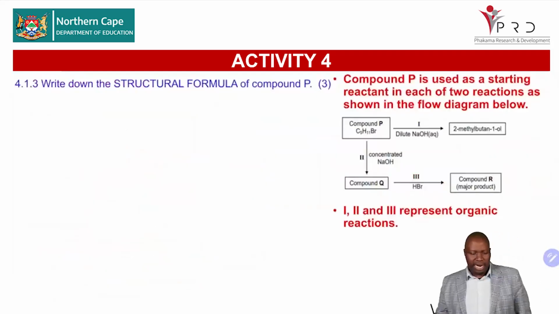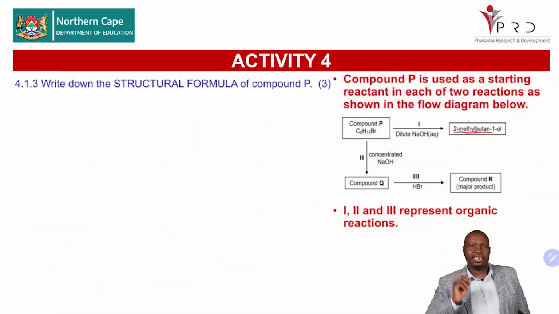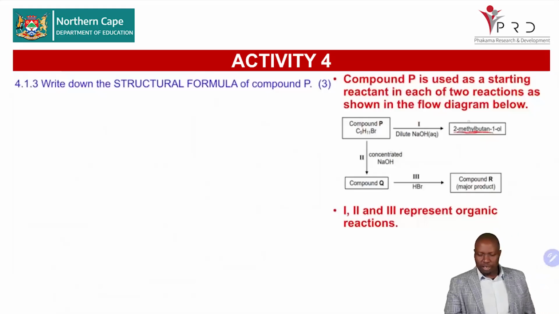Write down the structural formula of compound P. You see P is C5H11Br. Don't make the mistake of thinking that this structure has no branch. Always look: it's saying 2-methylbutane. So in carbon number 2, we have a methyl. There's a branch there, a side chain, a substituent in carbon number 2. So don't make a mistake when you draw this structure.